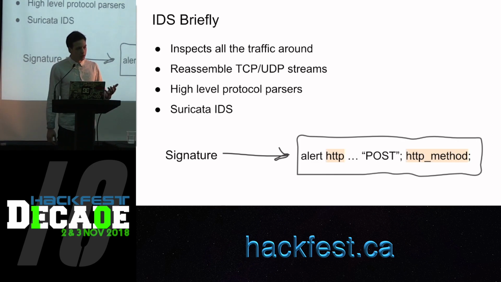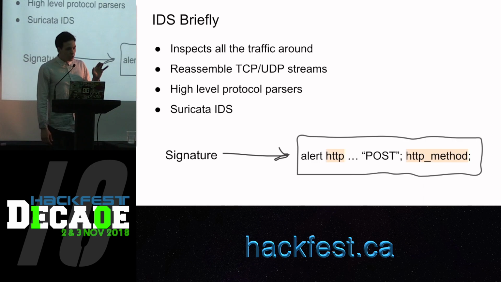So while working on signatures, a signature developer doesn't work with TCP level directly. If there is a special protocol parser for this protocol, HTTP protocol is a good example of that.